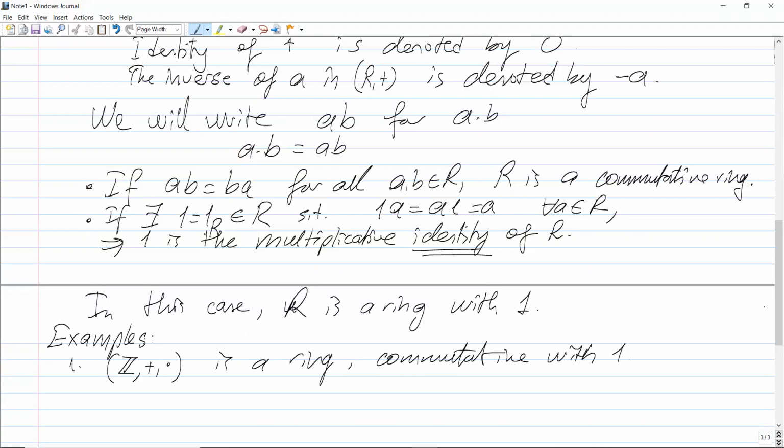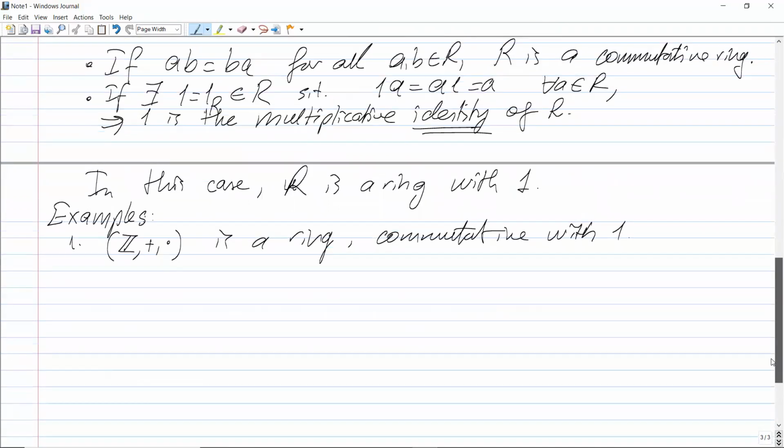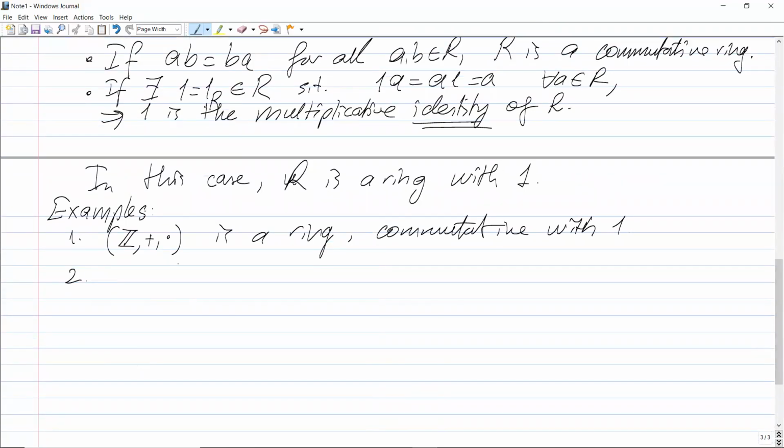So multiplication is commutative. And second, of course, the real numbers, complex numbers, or rational numbers are all rings with the usual addition and multiplication. These are commutative rings with one.